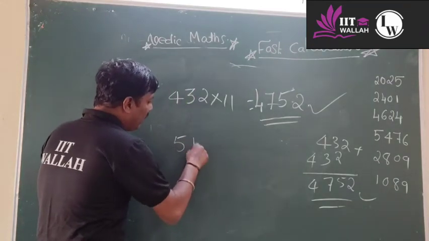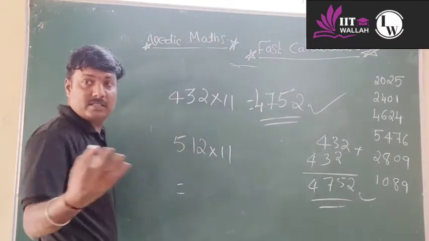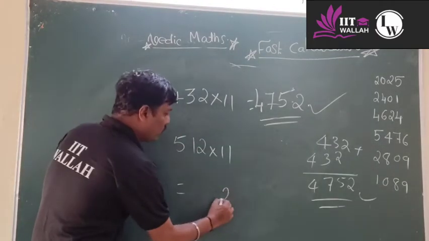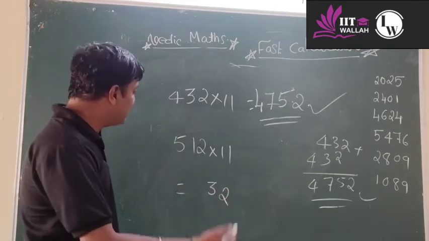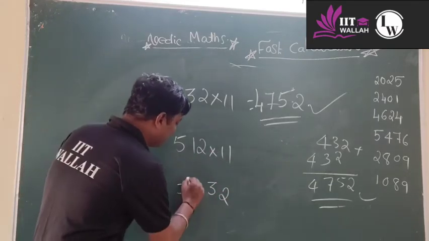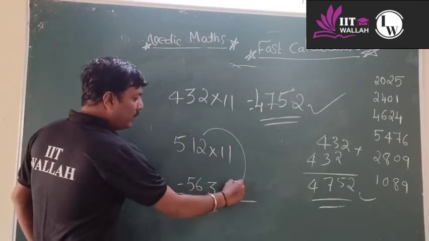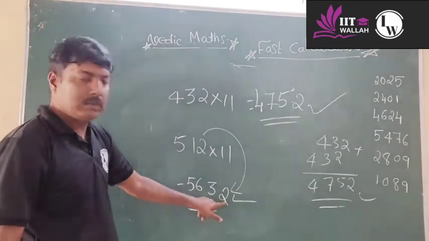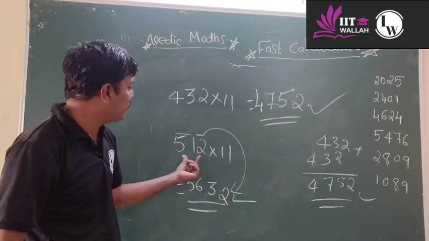512 into 11. See how fast I can do. You can check it. So 2, 51 plus 2, 53. 5 remains. 51 plus 5, 56. Okay. The first step is 2 will be written here. Then 51 plus 2, because these are the two groups. 51 plus 2, 53.